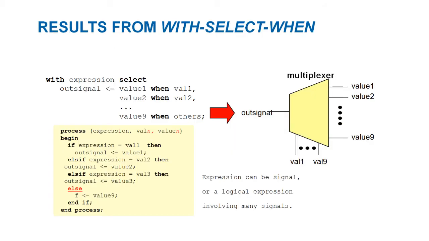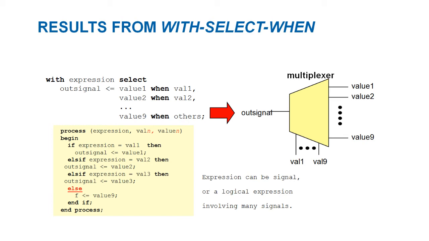Here is an example of the relationship between how parallel statements can be implemented as sequential statements using processes. So here we have a parallel with-select-when statement that chooses an output given the value relationship between the choices and the expression that is evaluated.